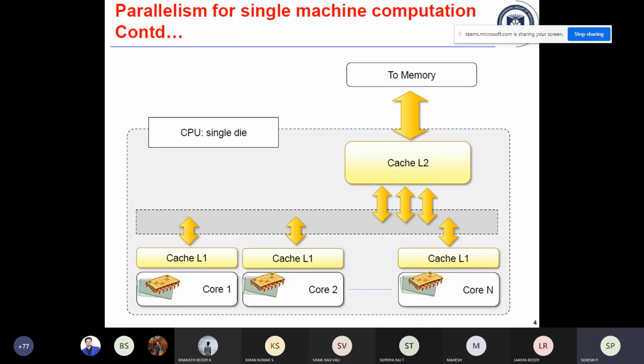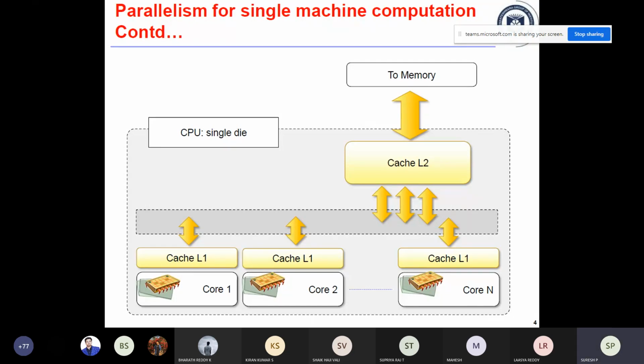This is the problem they faced when they were increasing the frequency. They came to the conclusion that if you go on increasing the frequency, you can end up with a cooling problem.